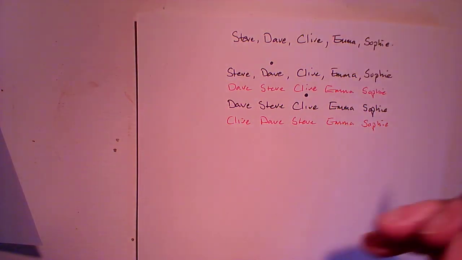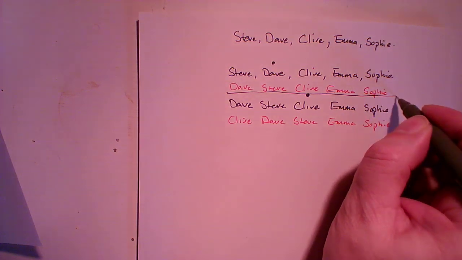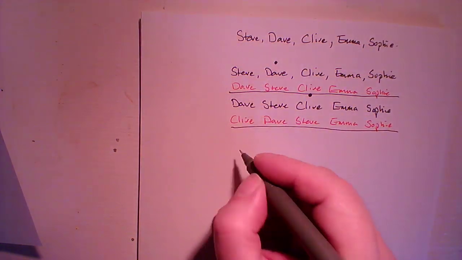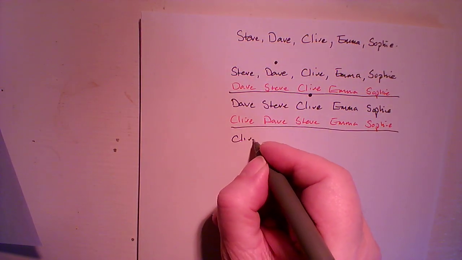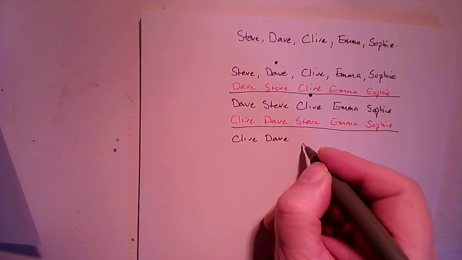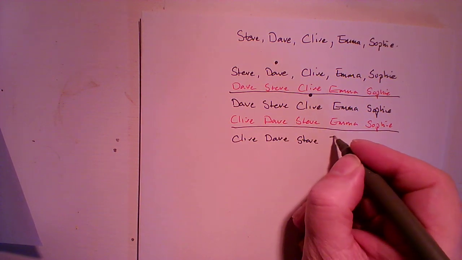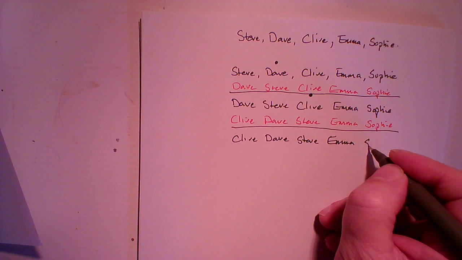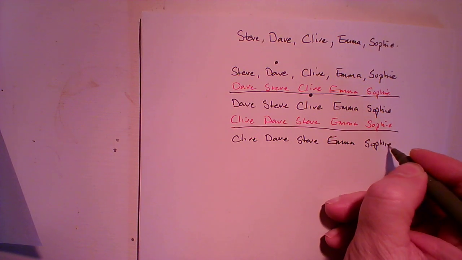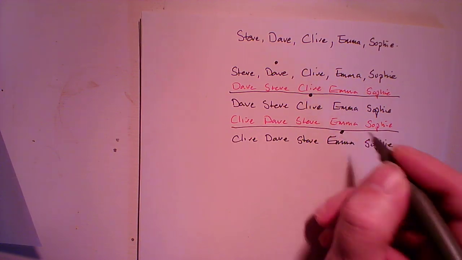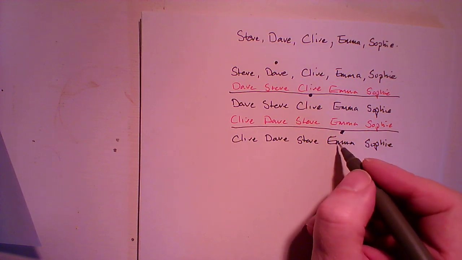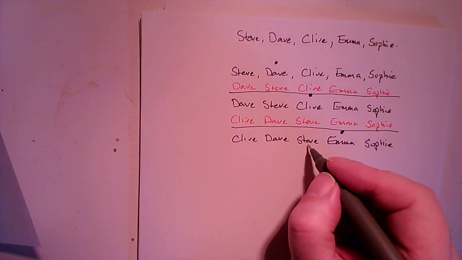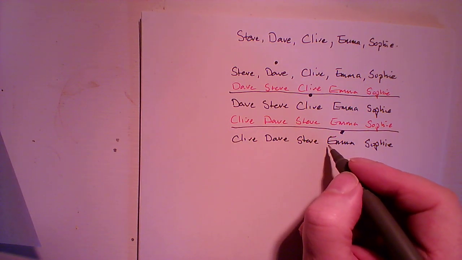Sophie. So let's just draw lines under these to make it clearer. So I've got Clive, Dave, Steve, Emma and Sophie. This time the dot goes on Emma, that's the one I'm working with. Emma goes before Steve, he comes before S in the alphabet.